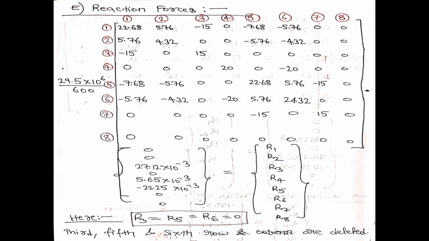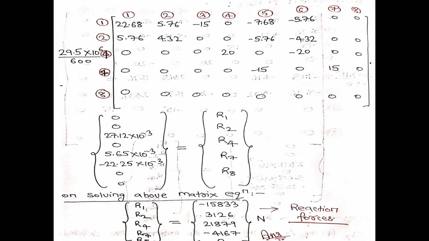So from that stiffness matrix equation, that is F is equal to K into delta, where K is your 8 by 8 matrix, delta is nothing but the Q matrix, 8 cross 1 matrix, and F is again an 8 cross 1 matrix, you have to delete the third, fifth, and sixth row. Fine.